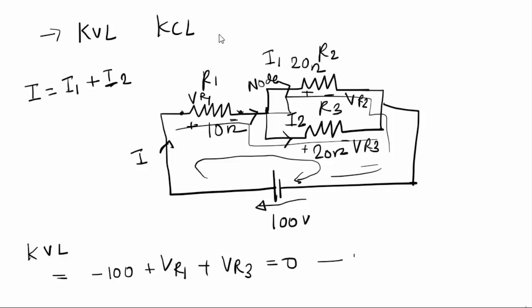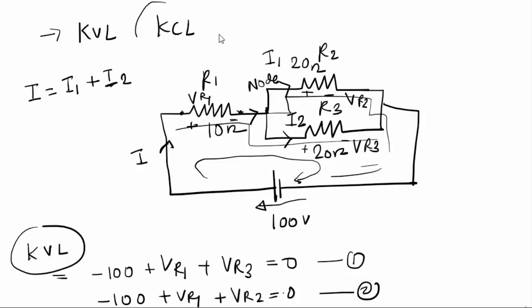This is the first equation. In the second loop, minus 100 plus VR1 plus VR2 equal to 0. This is the second equation. So you have applied the KVL and the KCL in this case.